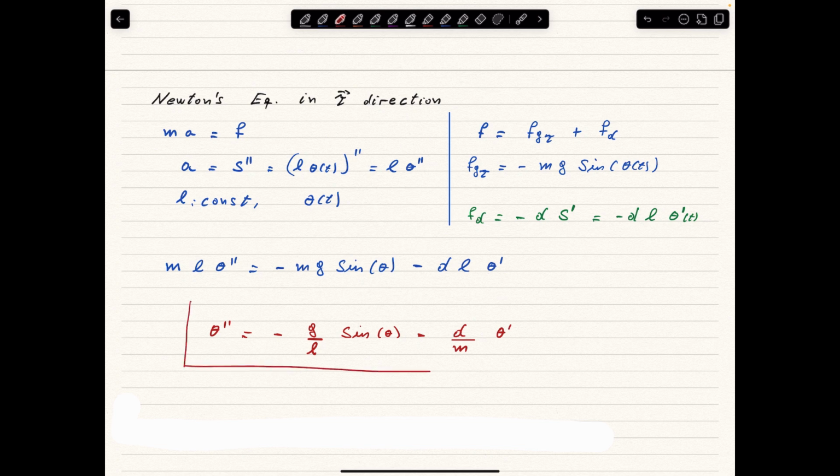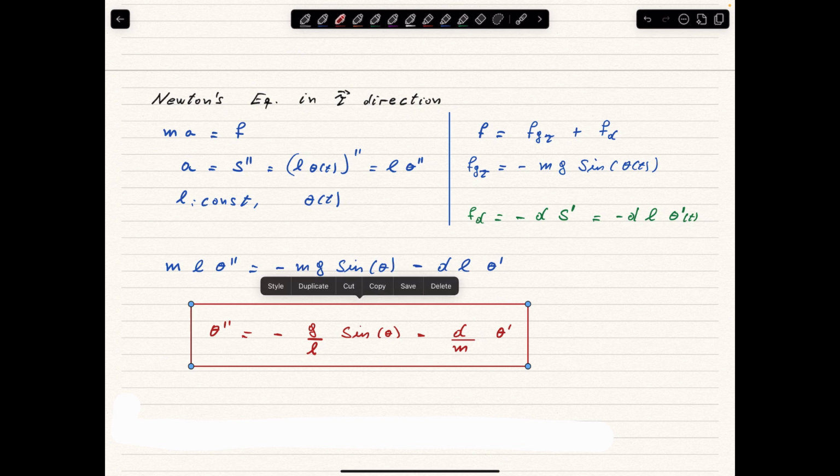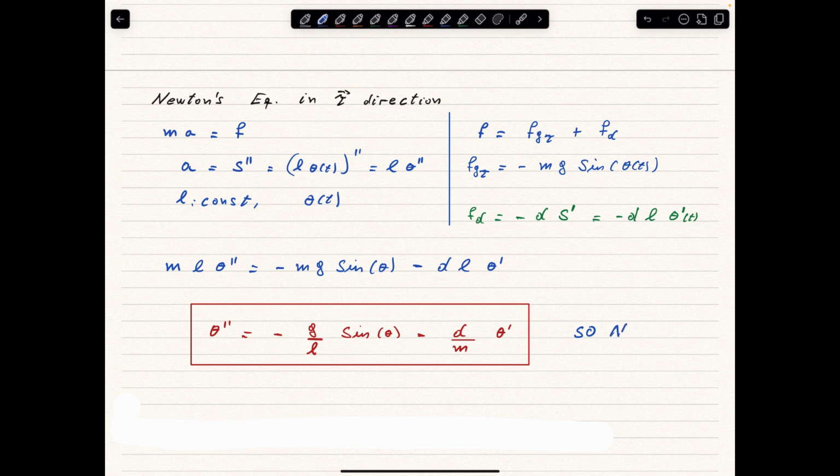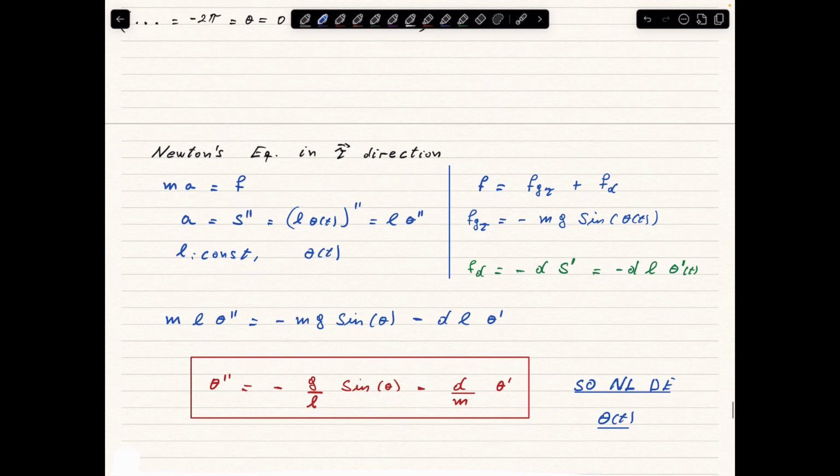And this is the equation for the pendulum that you see is a non-linear equation. This equation is second order, first of all, but is non-linear because of the sine of theta. That makes it a non-linear differential equation. And the unknown is the function theta as a function of time. So this is the equation for the nonlinear pendulum.